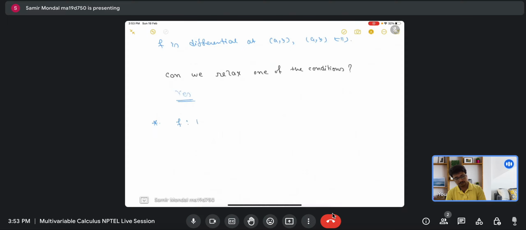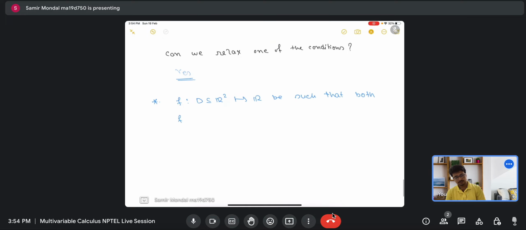Let f defined on D to R be such that both f_x and f_y exist on D, and at least one of them is continuous at (a, b).